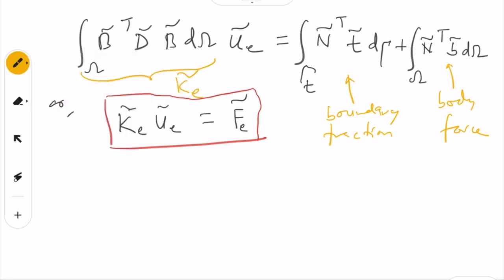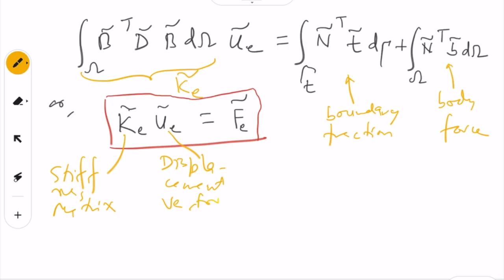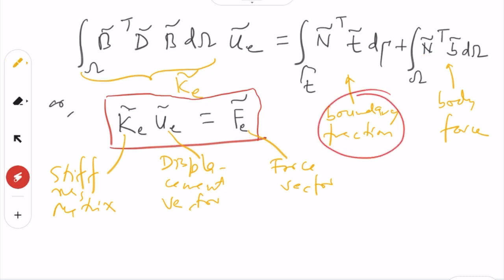We know that this is a stiffness matrix, this is the displacement vector, and this is the force vector. The force vector has two types: one comes from the boundary traction T, which is given, and the other comes from the body force, which is given. So it will have both components.